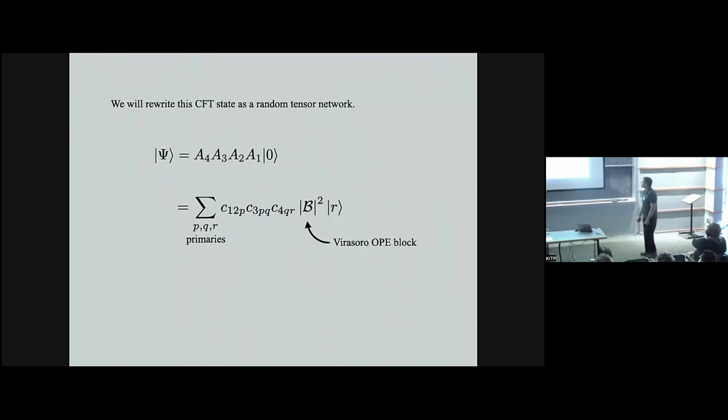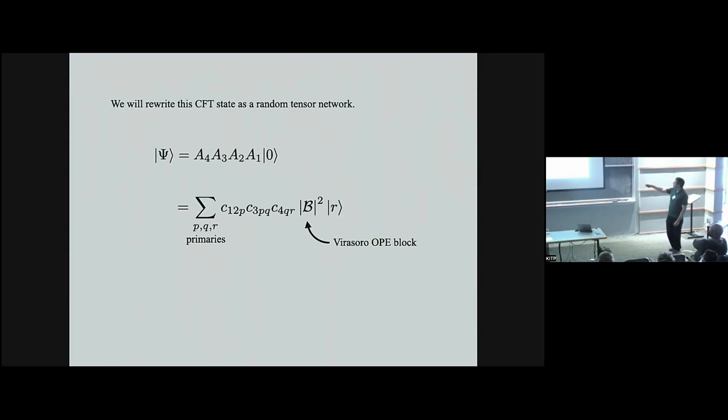Okay, so we're going to write this CFT state as a random tensor network by doing the OPE. First we just do the standard OPE. We take the operators 1 and 2 and fuse them together into a representation P, and so on with the other operators. Here I've just written that OPE out. There are some OPE coefficients.